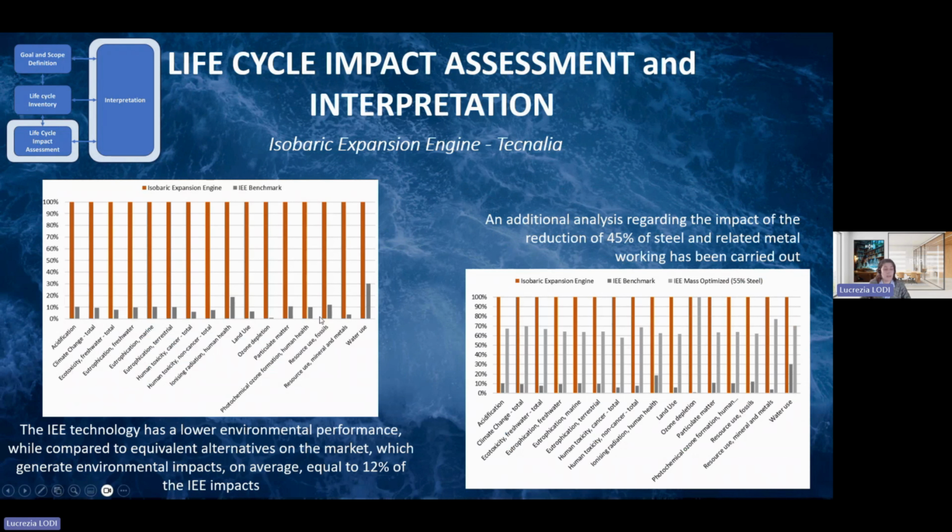So the identification of the benchmark I previously presented was beneficial to later discuss the results of the isobaric expansion engine compared with the benchmark. And you can see that the technology in the ZHENIT project has a lower environmental performance, but it is important to consider that this is an early stage of development, while the benchmark is already at a commercial level.